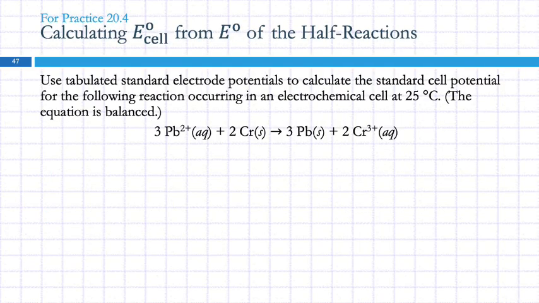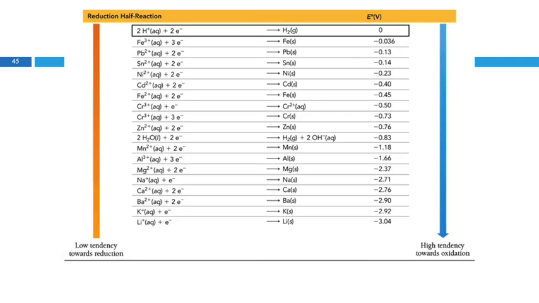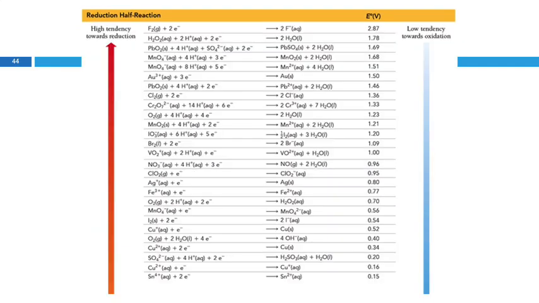Let's go back to the table here. Well, let's start at the top. So the numbers are large positive going smaller towards zero, and then they become larger negative, right? So if I have one of these being positive and the other being negative, if the positive one is above the other one, then I'm going to have a positive cell potential, right?